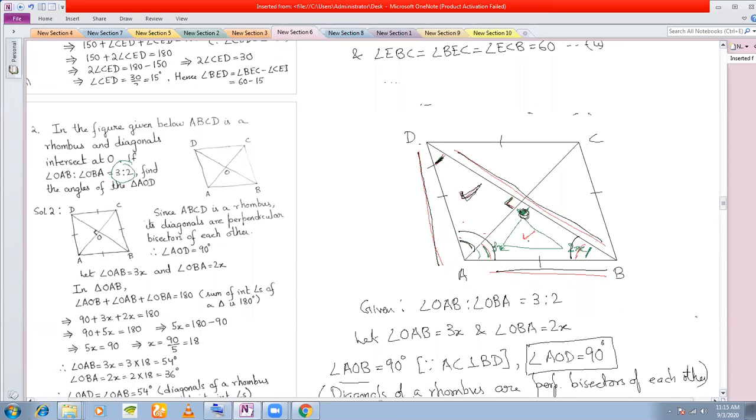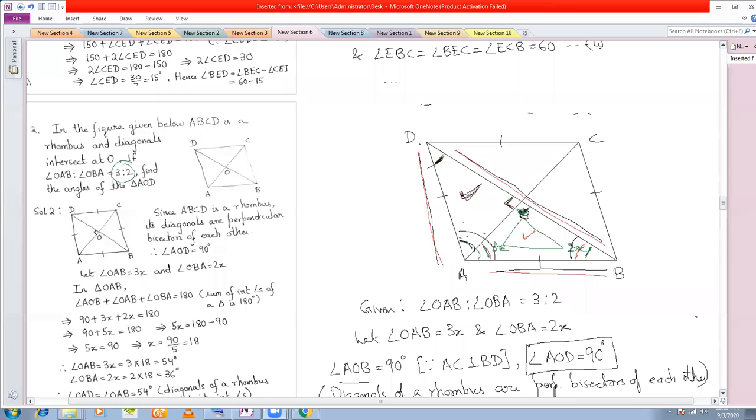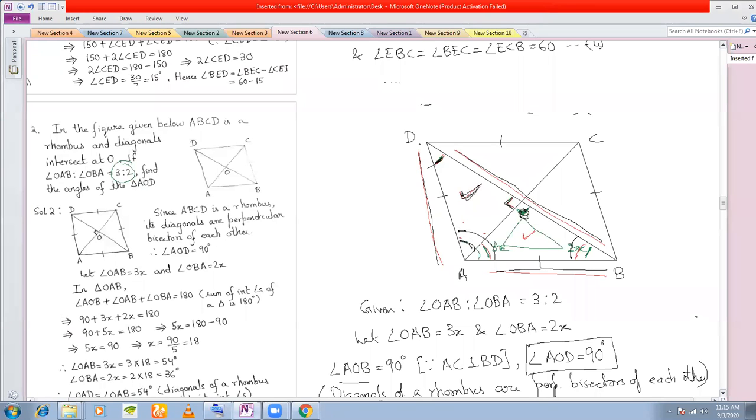There are many ways. Another way is, you know this angle, and therefore you can find out this entire angle because these two are co-interior angles, and then you divide this angle by 2 because these two must be equal, therefore you can find out this angle. Therefore there are many ways of finding. Any one will do. I hope this is clear.